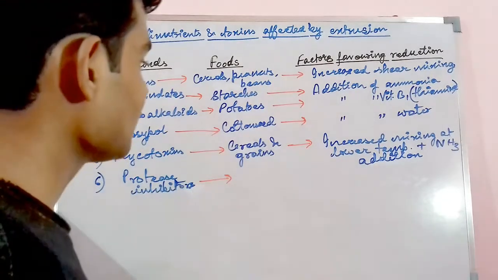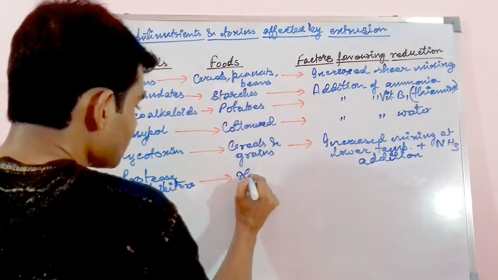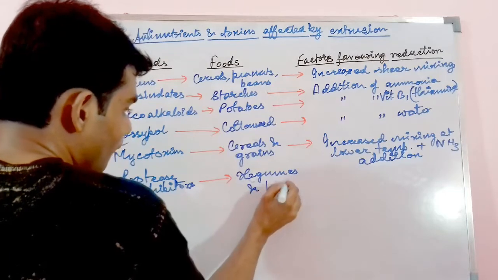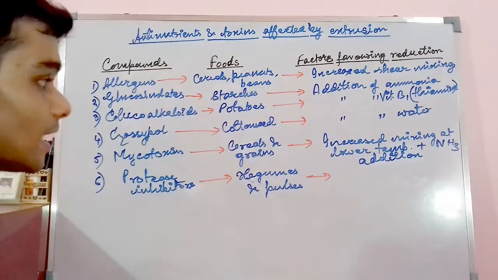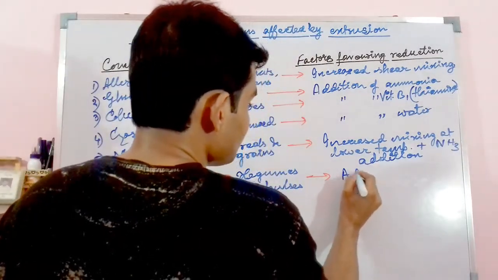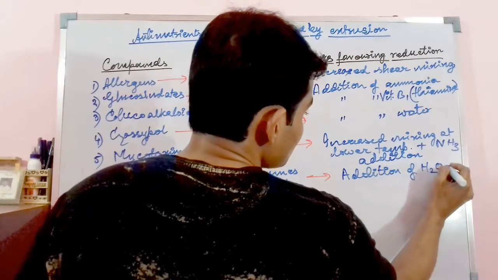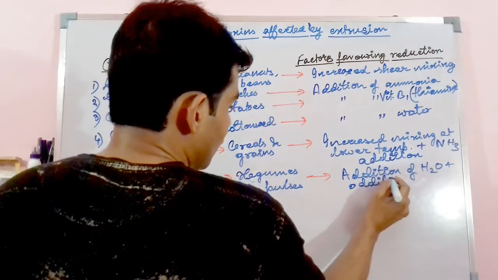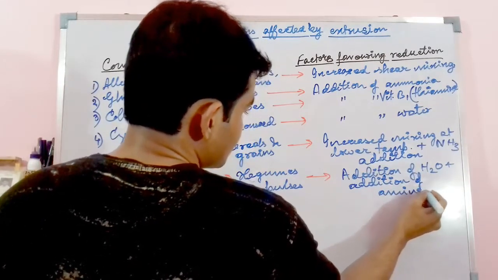legumes and pulses. The reduction of these protease inhibitors can be done with the addition of water, H2O, plus addition of ammonia, that is, addition of amine sources or ammonia sources.